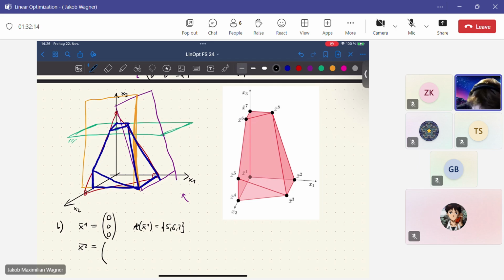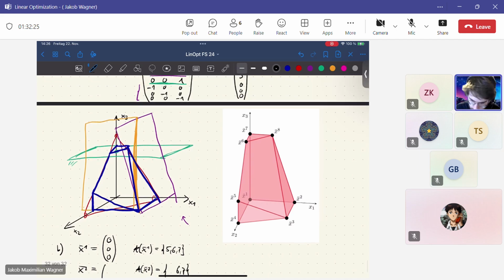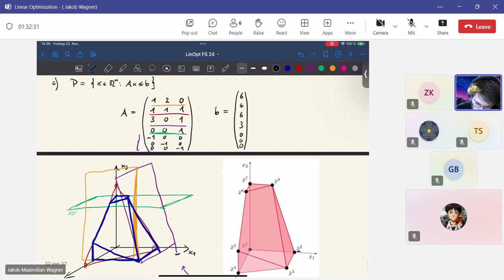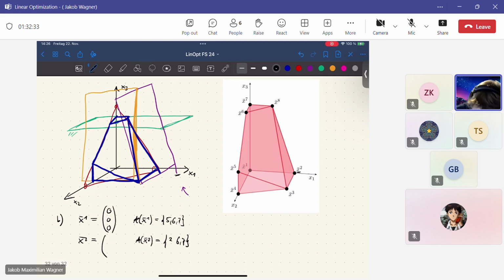And this means that the active index set of this point x2 keeps the constraints 6 and 7, but then this point is determined by this purple constraint, and the purple constraint was constraint number 3.